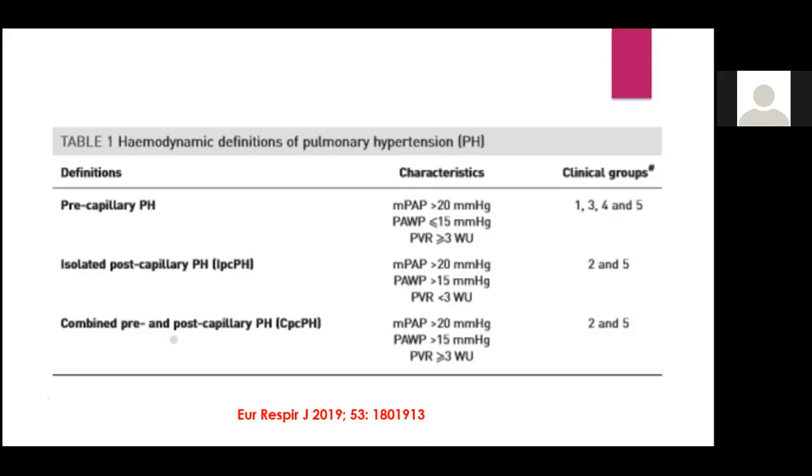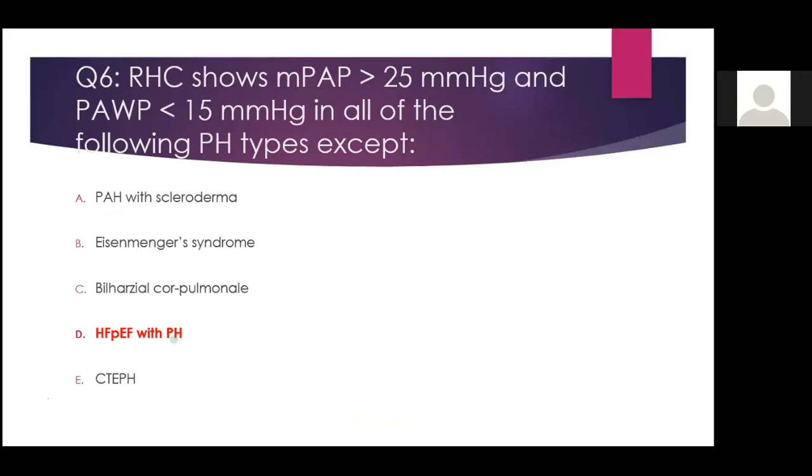And pulmonary vascular resistance is a very important parameter that we should report in the right heart cath as well. So, back to our patient. Our patient has an elevated mean pulmonary artery pressure and a pulmonary artery wedge pressure less than 15 millimeter mercury. It can be found in all types of pulmonary hypertension, except pulmonary hypertension secondary to left heart disease.